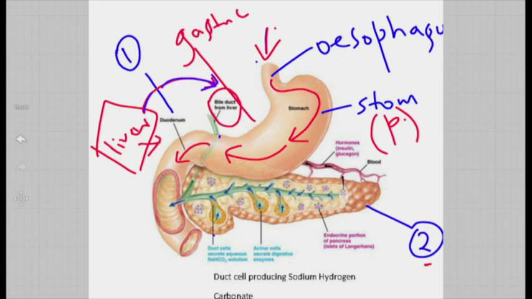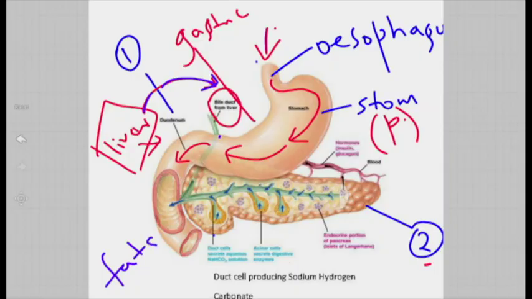When the gallbladder releases the bile, it will go to the duodenum, where it will emulsify fats. So bile is associated with fats. It's not digesting the fat. It emulsifies the fats.